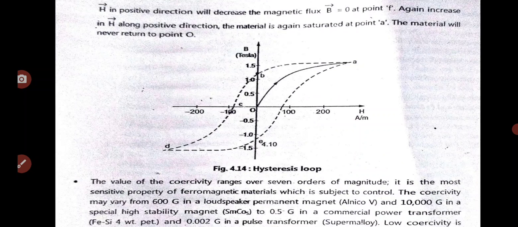This point is considered the coercivity on the curve, and the magnetic force which is required to remove the residual magnetism from a material is called the coercive force. So that is shown here.